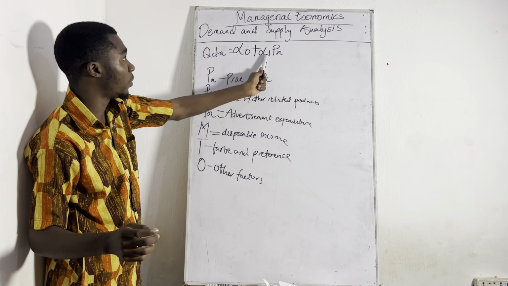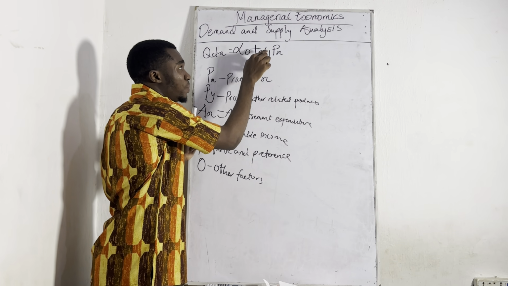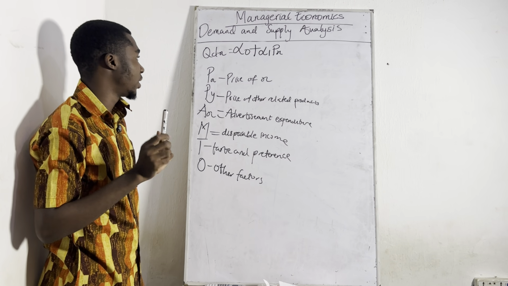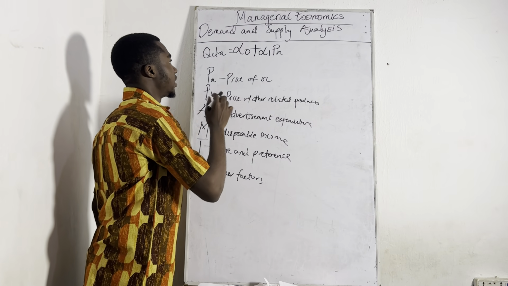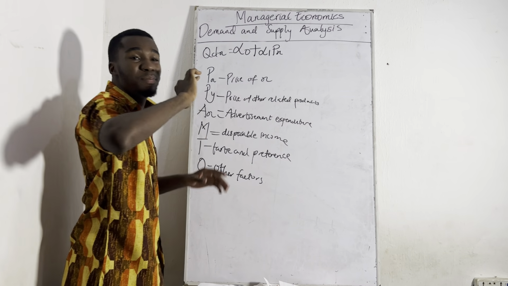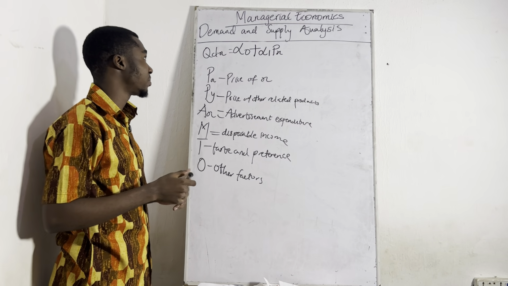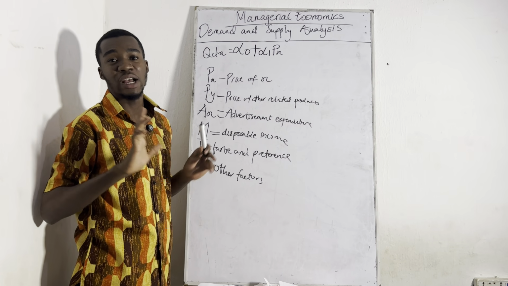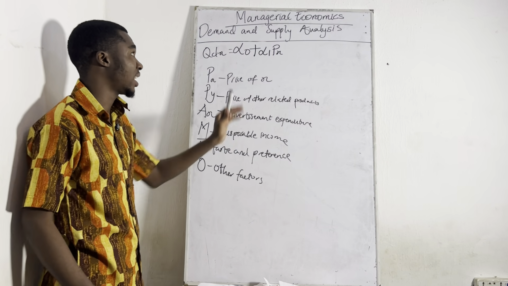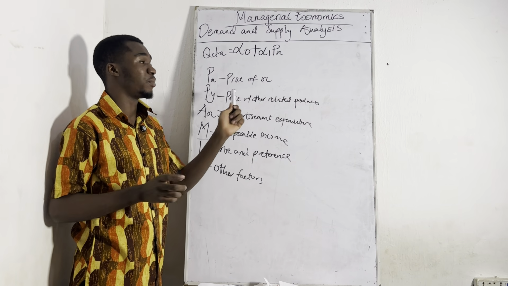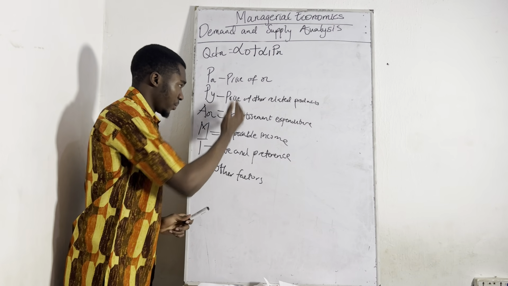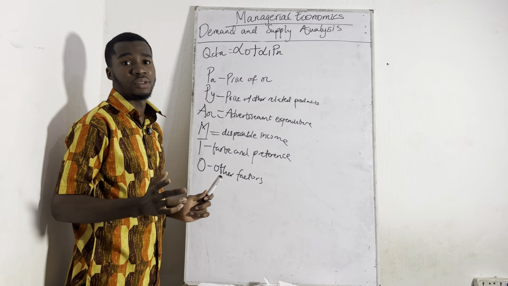Then with alpha 1, once you see anything attached to PX, then you know that you are talking about the price of X. So if I see, let's say 2PX, once you see PX, then we are talking about the price of X. Always in exam, you see something like PX represents the price of X. We are adding all of them, every single thing here.